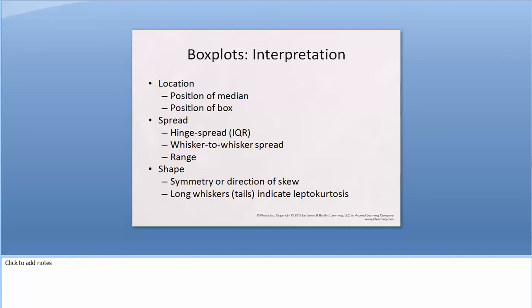If the median is right in the middle, then that means the data is in fact symmetric. And then the IQR, the whisker-to-whisker spread, and the range give us an idea of the spread. And then of course the shape, in terms of symmetry. If the median is right in the middle, you can think that the data are symmetric.